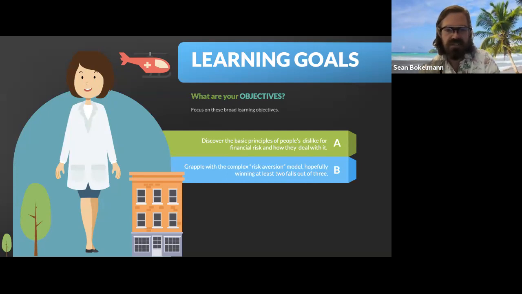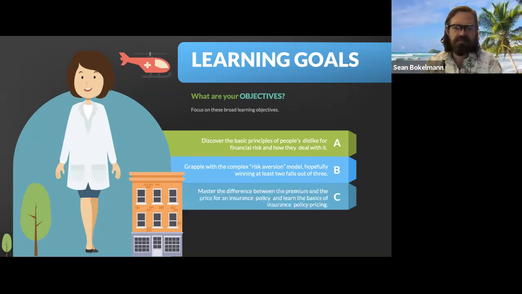I'm not really sure what the book means by hopefully winning at least 2 falls out of 3. I guess it's referring to a risk, right? You also want to be able to master the distinction between the premium, what's called the risk premium, and the price for an insurance policy, as well as learn the basics of insurance policy pricing.